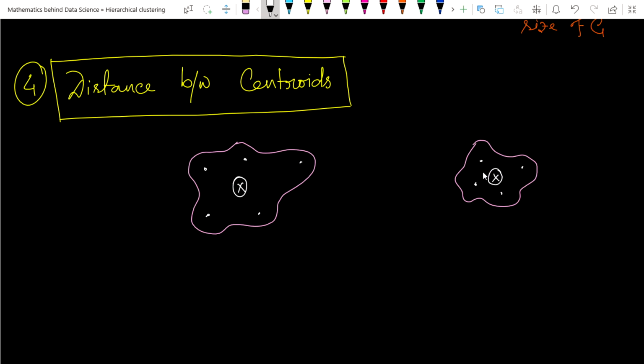We already saw how to compute the centroids, simply using the mean of the intra-cluster points. But the disadvantage is that sometimes the centroid may not lie on a point in our data set. Let's take the centroids as small c1 and small c2. Now we have to compute the distance between the two centroids.